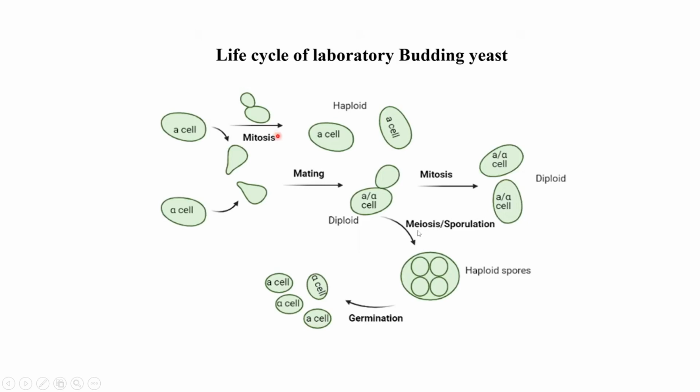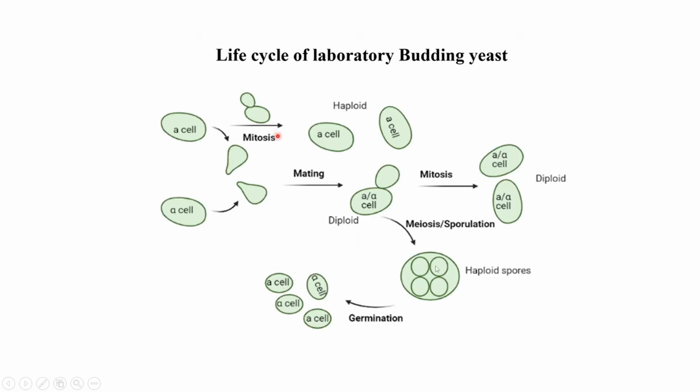So this we discussed in the meiosis class, and that is the reason it promotes meiosis and sporulation, so that through the crossing over, daughter cells are produced which have additional characteristics compared to the parent cell, and which can have better survival capacity.